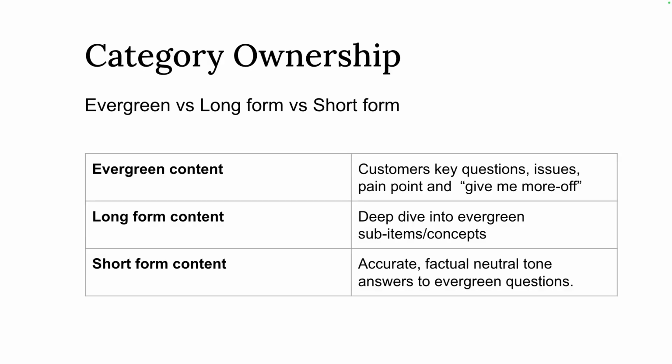And short form content should be written within evergreen and long form content, because evergreen and long form content should mirror the short form content and vice versa. So you would write a piece, right?